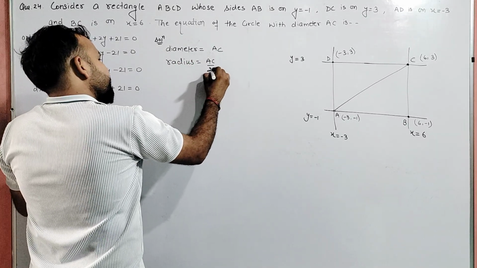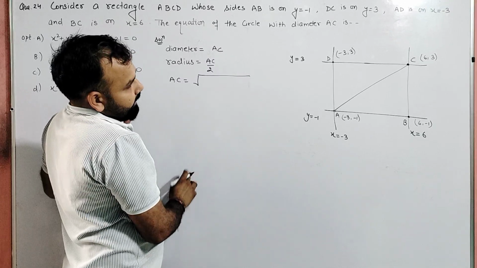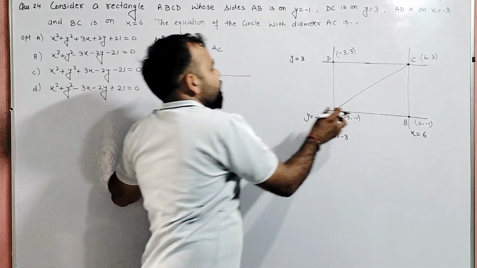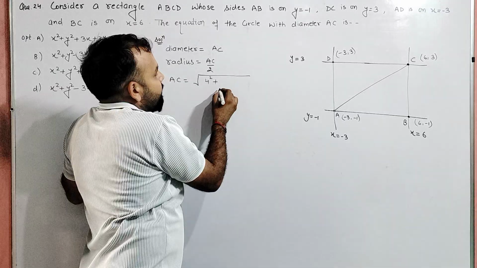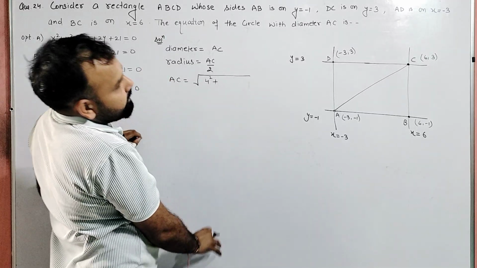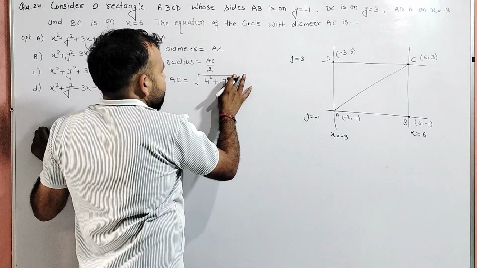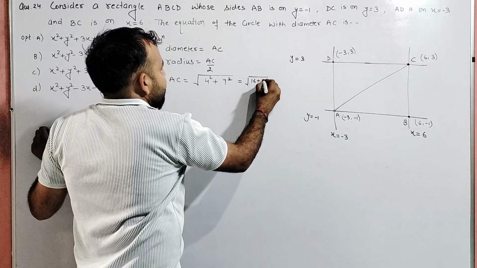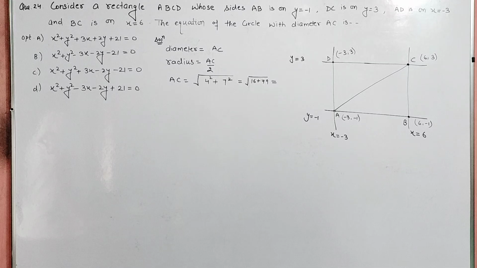So we need to calculate AC, that is square root of y2 minus y1, that means 3 minus of minus 1, that is 4 square, plus 6 minus of minus 1, that means 7 square. 4 into 4 is 16, 7 into 7 is 49, that means 16 plus 49.